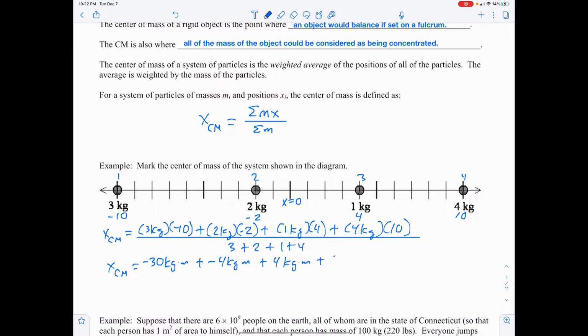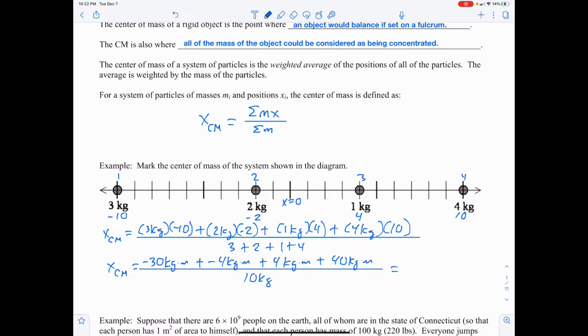And then plus 40 kilogram meters. All of that is divided by 5 plus 5, or 10 kilograms.